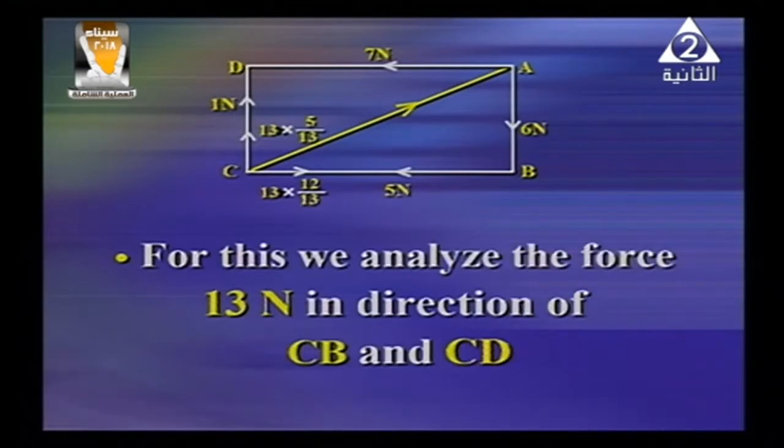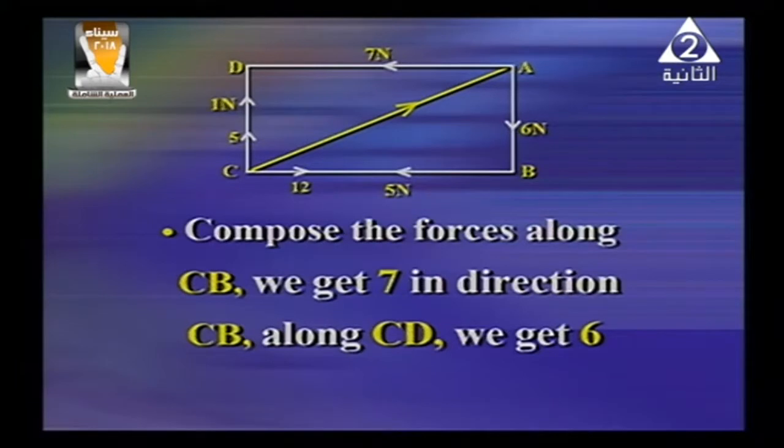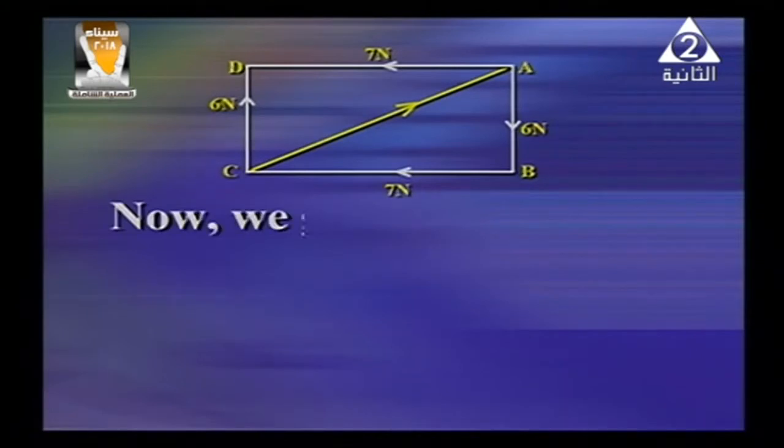For this, we analyze the force 13 Newton in the directions CB and CD. Look at the force 13 Newton; we resolve it on two perpendicular axes, CB and CD. Resolving the force along CB, we get 7 in direction CB, along CD we get 6.